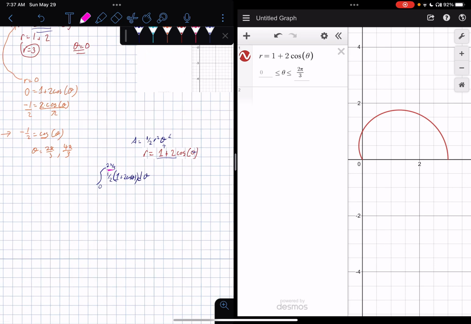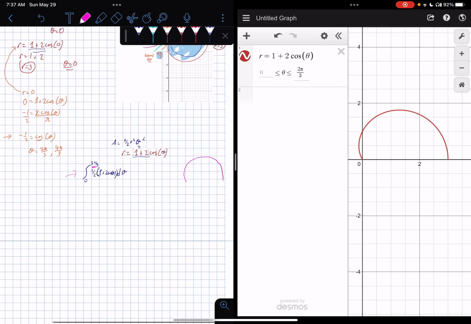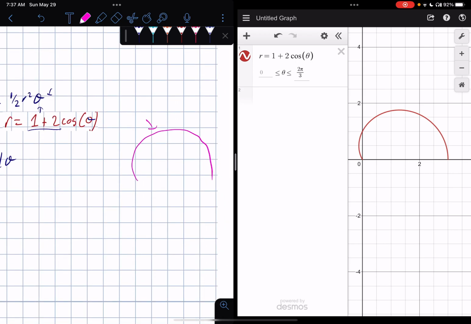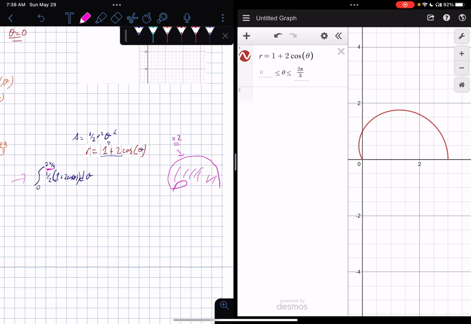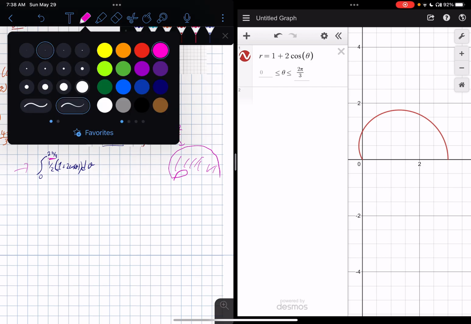We're not taking into account the loop-de-loop that's going on here. So right now, if we do this, it's wrong. Remember that the strategy is to calculate this area and then multiply by 2. So we need the loop-de-loop, or at least part of it, so we can neglect that area.